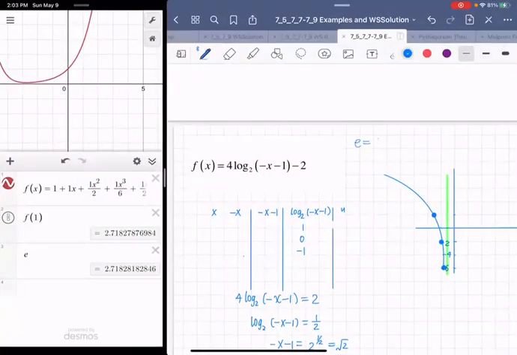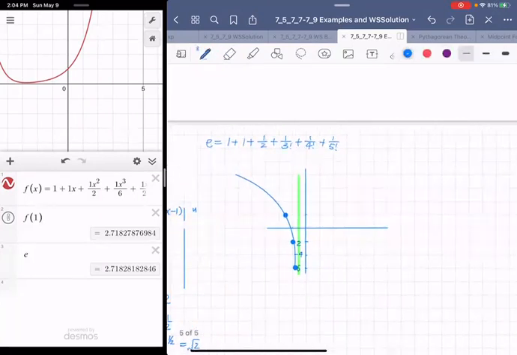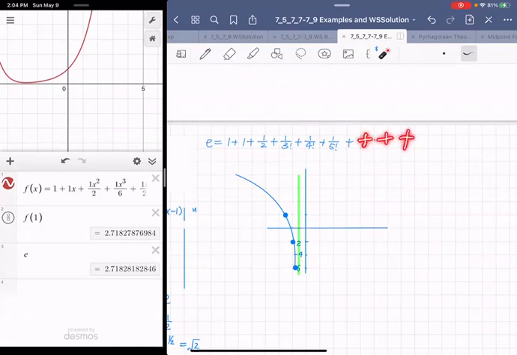e is equal to 1 plus 1 plus 1 over 2 plus 1 over 3 factorial plus 1 over 4 factorial plus 1 over 5 factorial, and so on. If you continue adding all those fractions with factorials to infinity, that's the number e. The more terms you add, the closer the number gets to the real value of e.